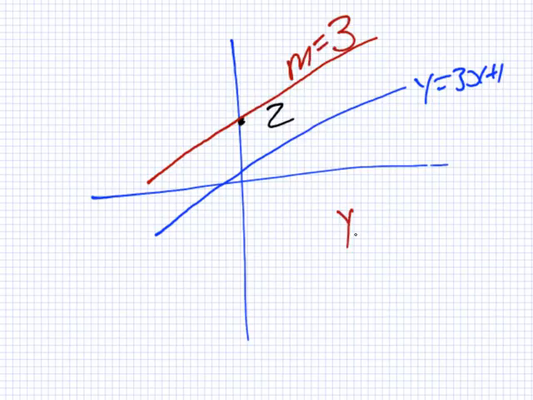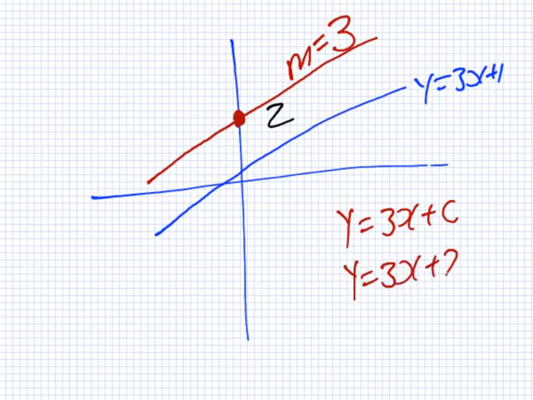So you have y equals 3x plus c. But what's the c? 2. Yeah, so y equals 3x plus 2. You got this? Yeah? Okay.